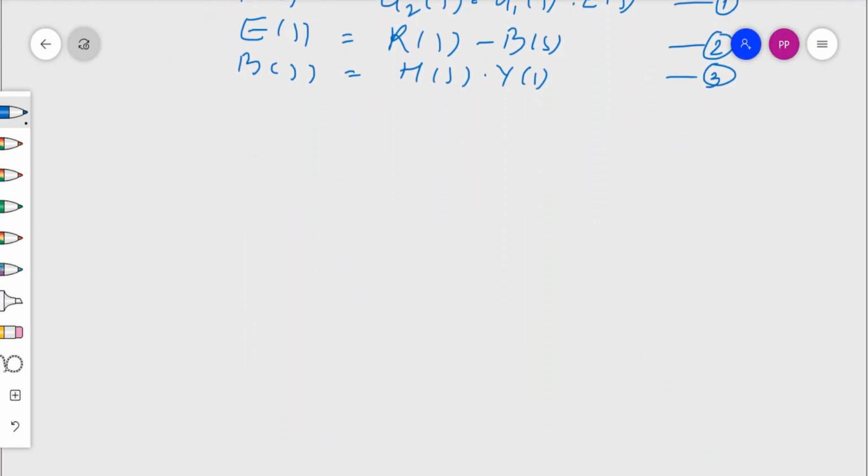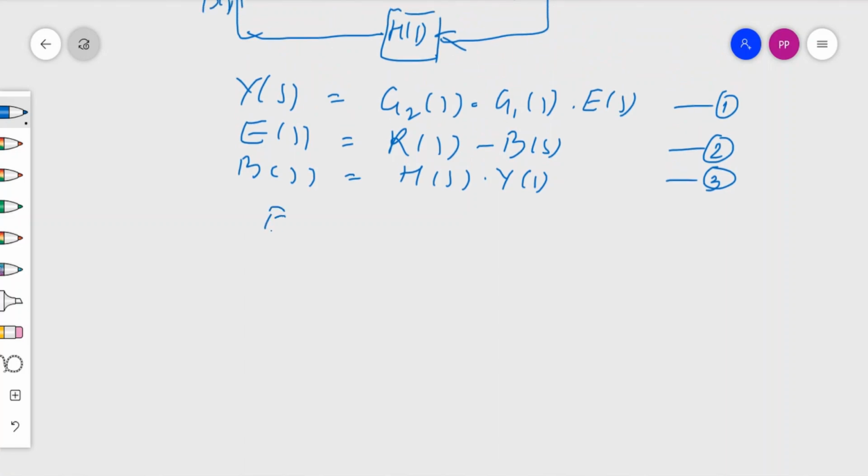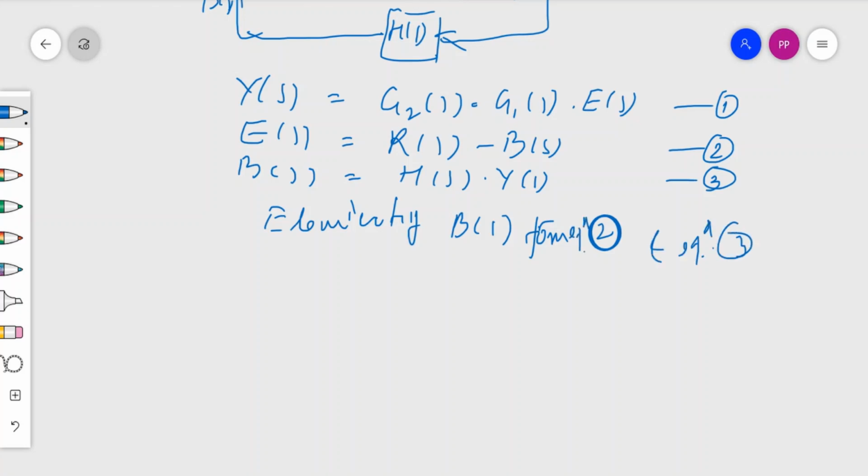So we see that if we eliminate B(s) from equation 2 and equation 3, we get E(s) equal to R(s) minus H(s)Y(s).